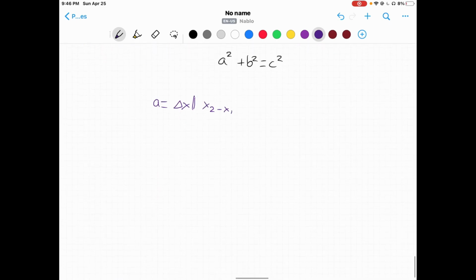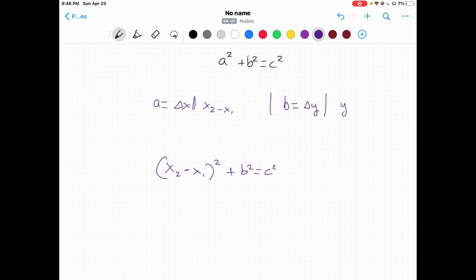So we could say that instead of a squared, we could say x2 minus x1 squared plus b squared equals c squared. Now we could do the same thing with y. Instead of saying b squared, we know that b is equal to the change in y, or y2 minus y1.